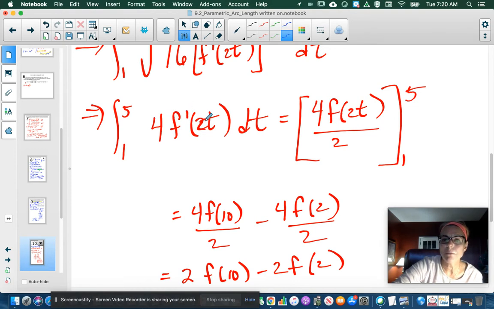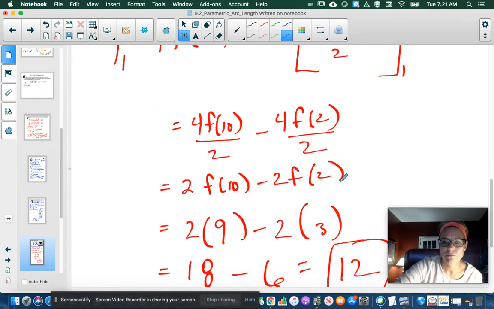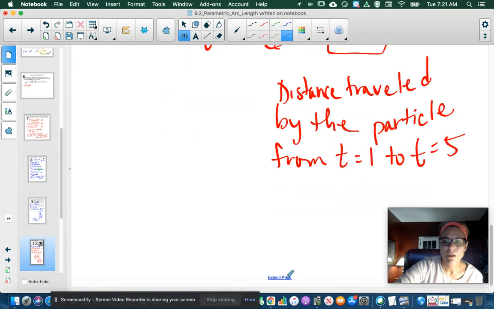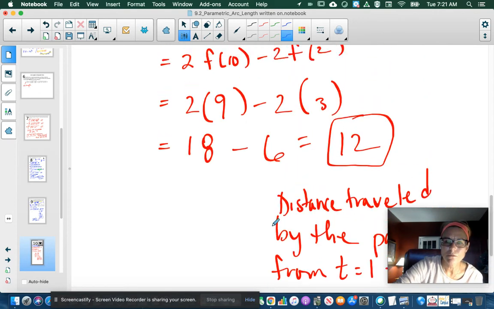If it was just f prime of t, I wouldn't be dividing by this, but it's f prime of 2t. If it was f prime of 5t, I'd be dividing by 5. And there we go. The distance traveled by the particle from t equals 1 to 5 is 12.